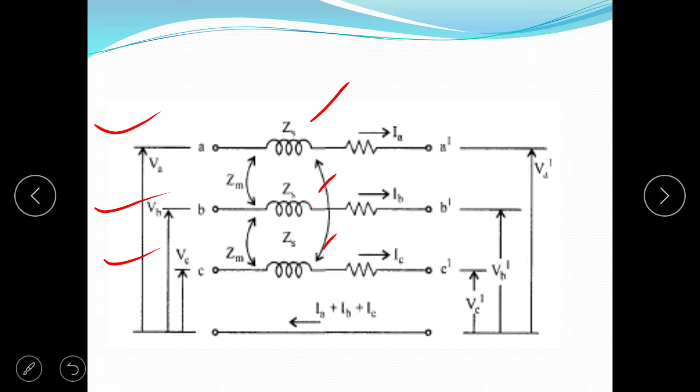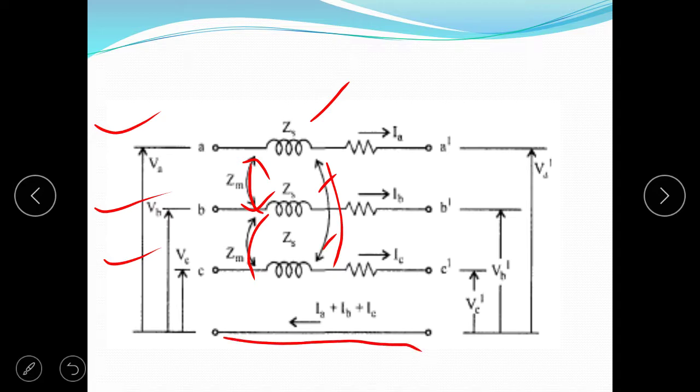There is also a concept of mutual impedance between two lines, that is Zm, between A and B, B and C, and A and C. And we take a neutral N.